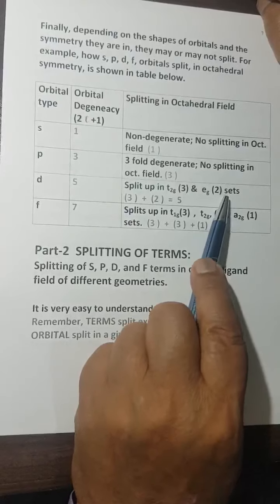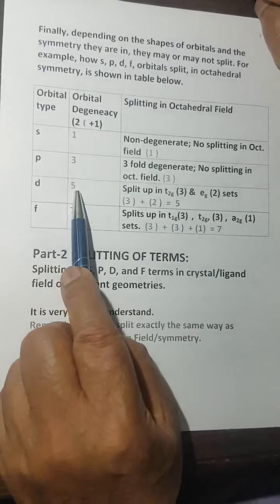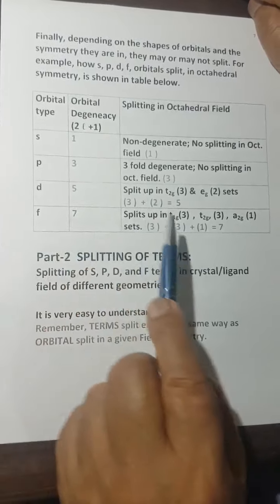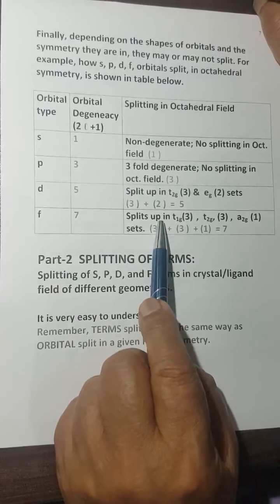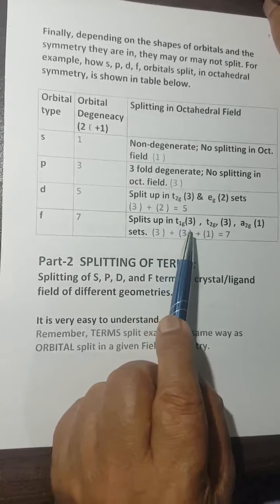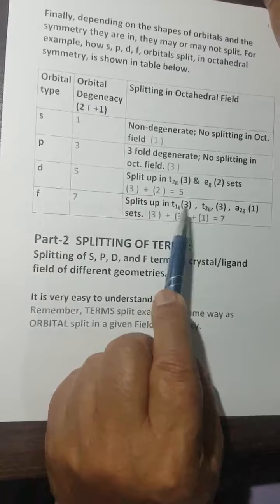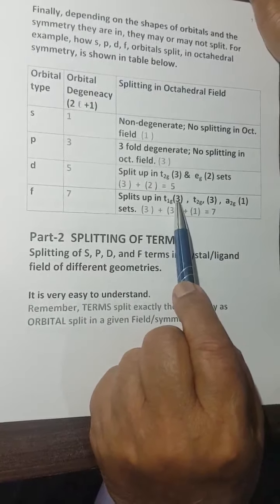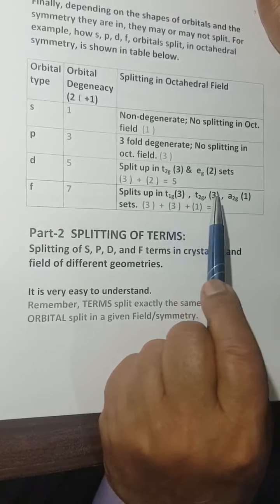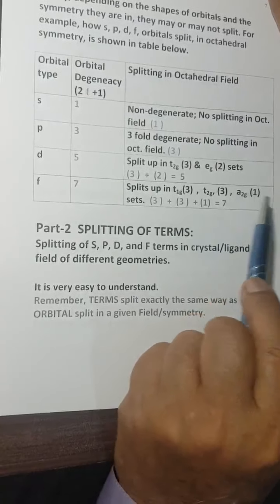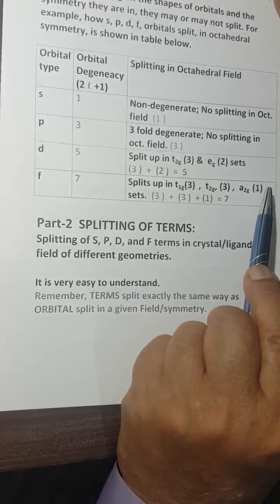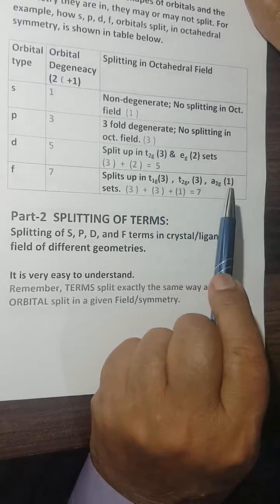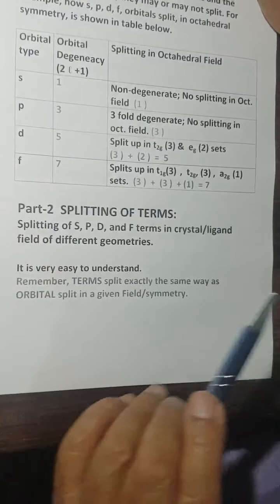For d orbital, 5. For F orbital, you just have to remember they split up into T1G, T2G and A1G. This is triply degenerate 3, triply degenerate 3 and non-degenerate 1. 3 plus 3 plus 1 equals 7.